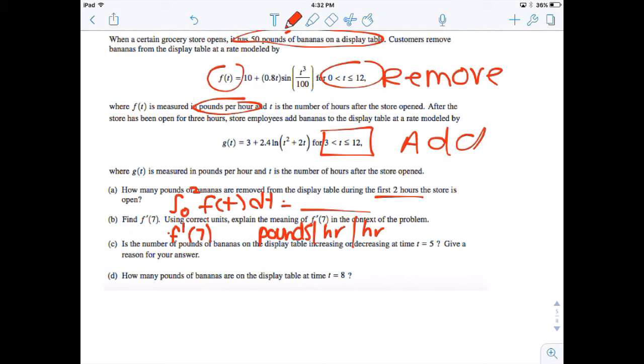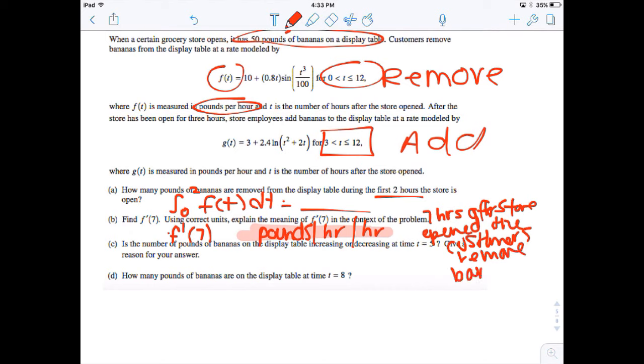So what this would mean is that 7 hours after the store opened, the rate the customers remove bananas is increasing by that number pounds per hour each hour.